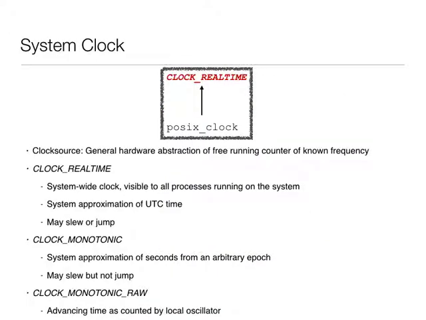So what are the characteristics of this clock? CLOCK_REALTIME is a system-wide clock, and this is the time that's being used by all the applications running on Linux. And its approximation of time is in UTC time, which means that the epoch, the starting point of this time, is 1st of January 1970. And they maintain the UTC time.